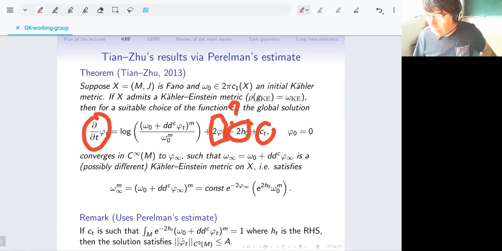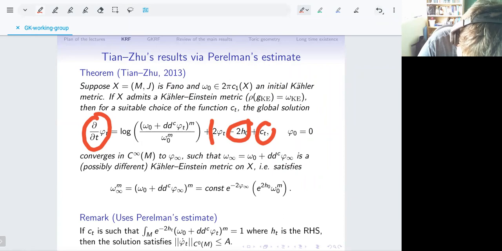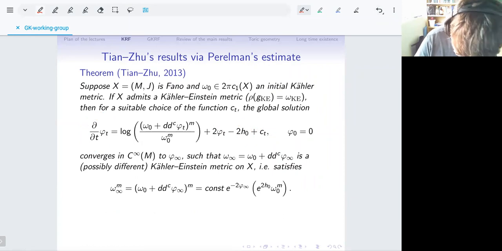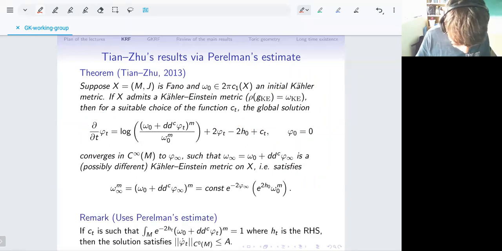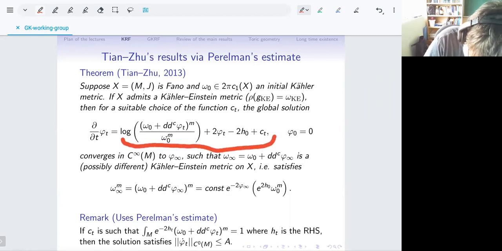You want this h_t. Okay, so probably I need to clean up the mess a bit. So here we go. I will denote h_t. This bit here will be h_t without c_t. Sorry, okay.